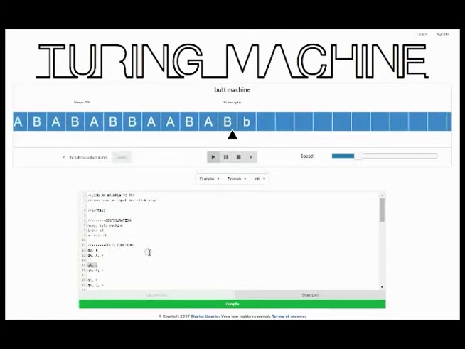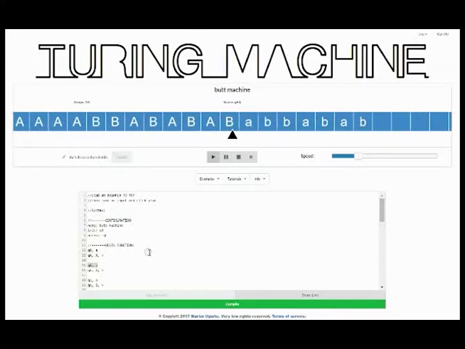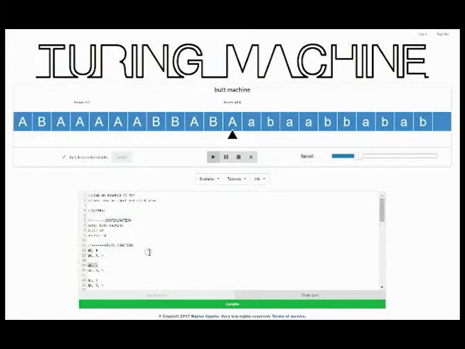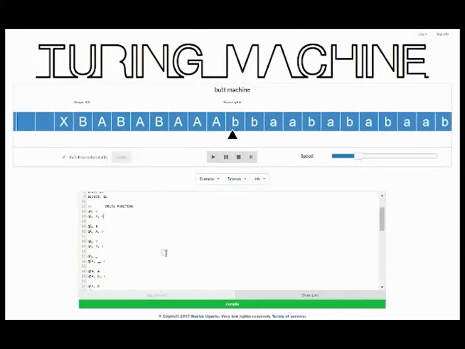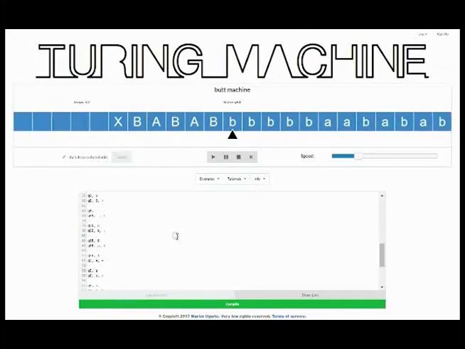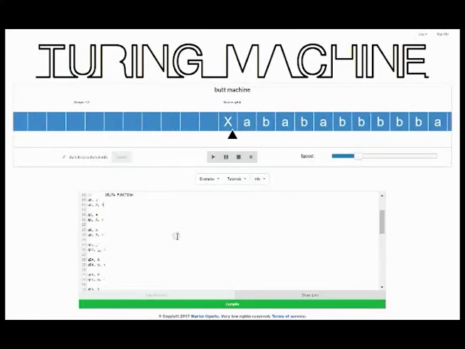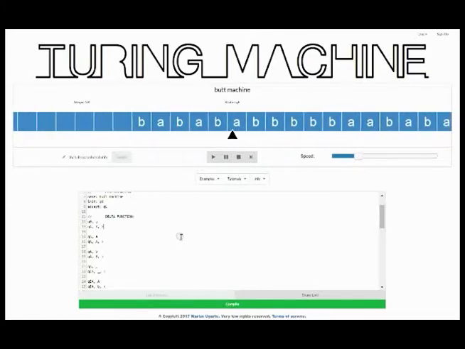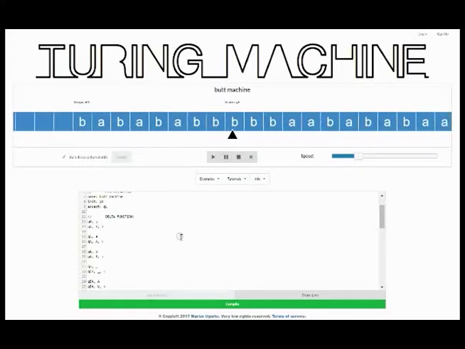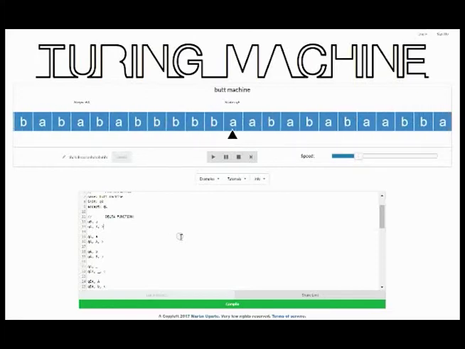For example, a small letter B would be replaced with big letter B, and a small letter A would be replaced with the big letter A. And when in state QA and QB, if it encounters a space or the end of the string, from state QA it would transition to state QEA, and from state QB it would transition to state QEB.